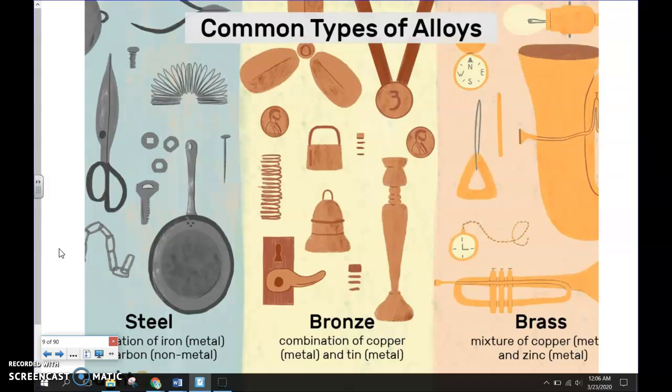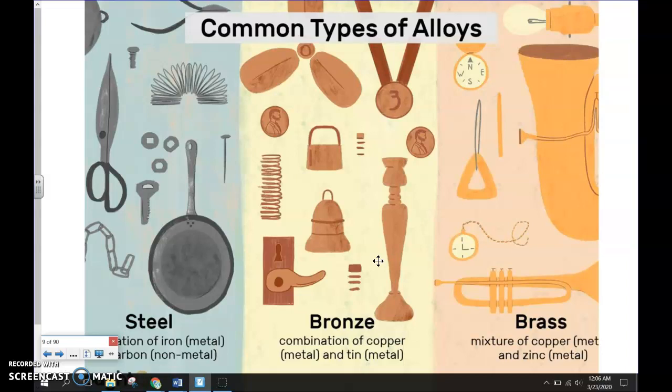Okay, here are some other examples of common alloys that are used in everyday life. Of course, you're familiar with steel and all the different components that can be used with that. I know you know of brass, but I don't know how often you think of what brass can be used for. Of course, you have your brass instruments here, but also different pieces of jewelry. Bronze was very common in household products in the 19th century, early 20th century.